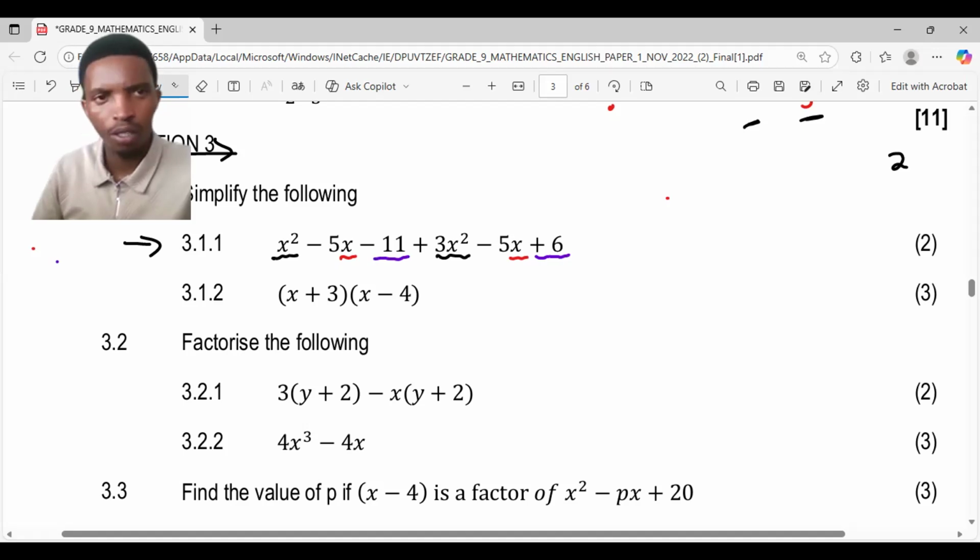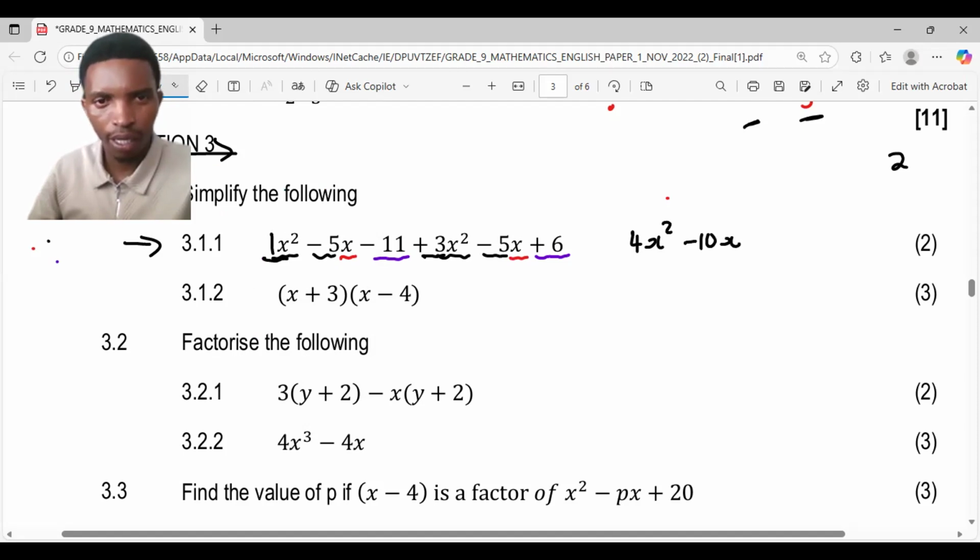So now let's start with the calculation. Remember we have 1 there. So 1 plus 3 is going to give us 4, so 4x squared. And then we have minus 5 minus 5, it is minus 10x.